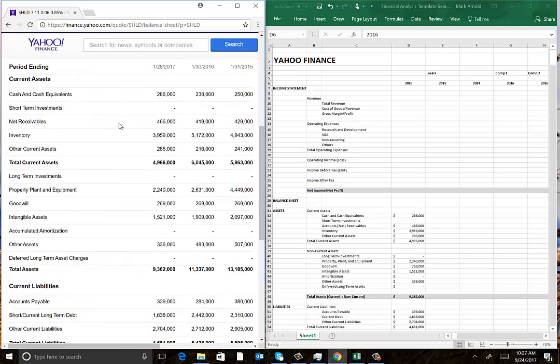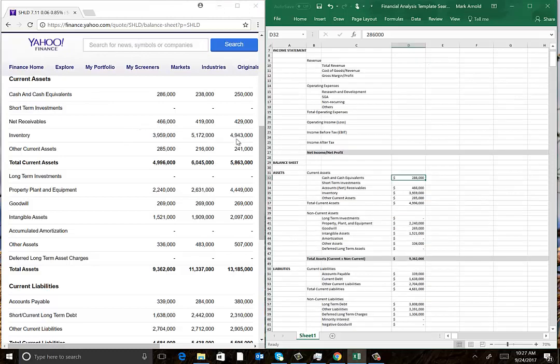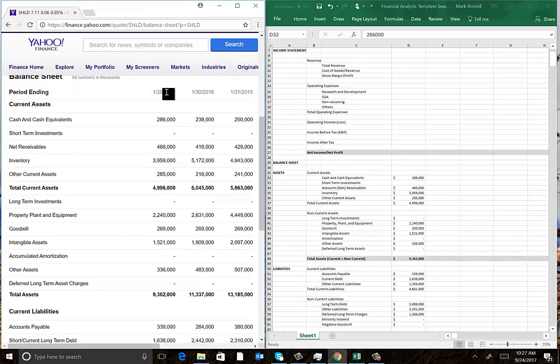I'm going to point a few things out. So what you see down here, okay, I've already input many of these numbers. So cash and cash equivalents for year ending 1/28/2017, which is our 2016 column. So cash and cash equivalents of 286, okay, and short-term investments of 0, okay.